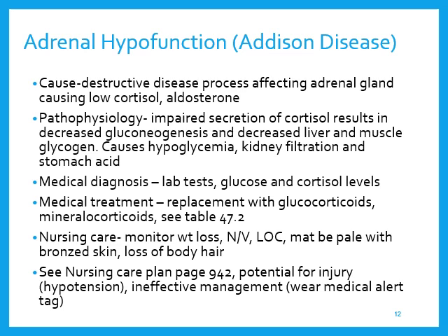Nursing care is monitor weight loss, nausea and vomiting, level of consciousness. They may be pale with bronze skin and loss of body hair. This is Addison's disease. So pale, bronze skin, loss of body hair.